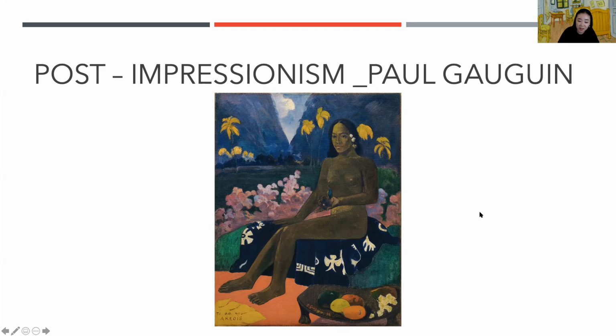Gauguin believed European art had been in thrall for a long time to the legacy of Greece and Rome, and he looked to the art of Egypt, Islam, and Asia to renew it.